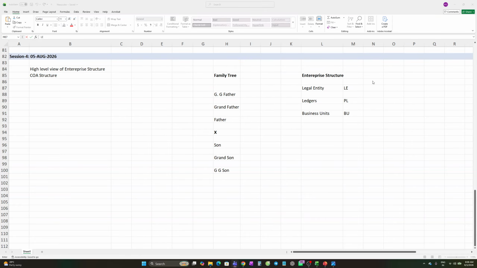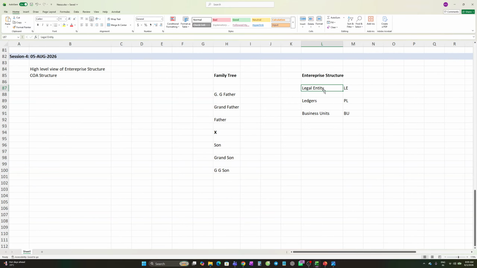Okay, under the enterprise structure we have a legal entity. Under the legal entity we have ledgers. Under the ledgers we have business units. Under the business units we have a chart of accounts. So what is the legal entity?